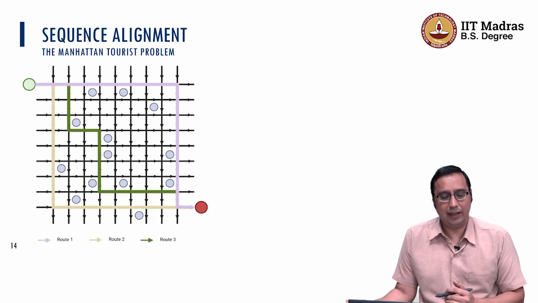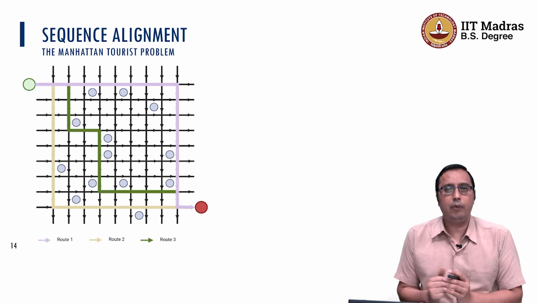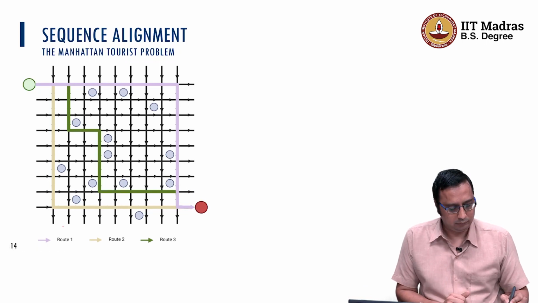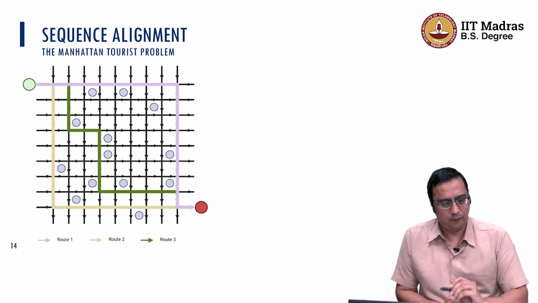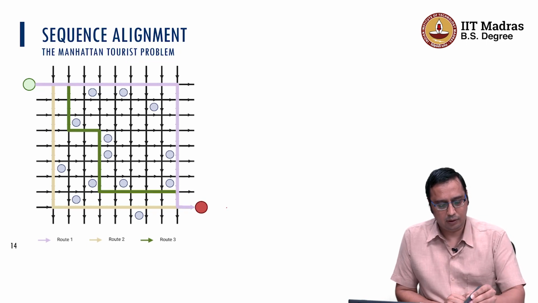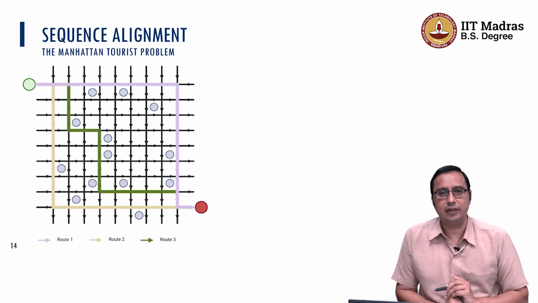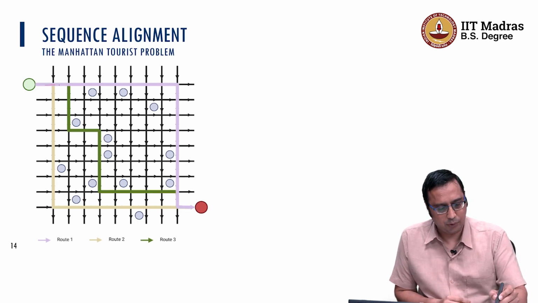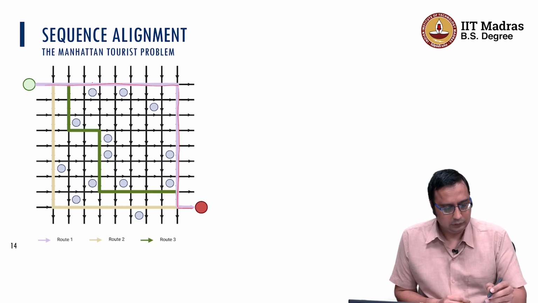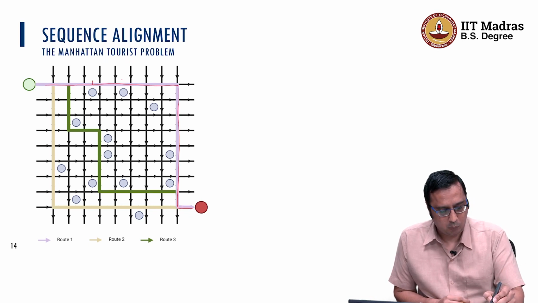Does any path exist? I have drawn here three paths. Route 1 is very straightforward. I'll go straight on this line and then end at my endpoint. When I travel on this road, this is route 1, I will touch 1, 2, 3, and 4 attractions.